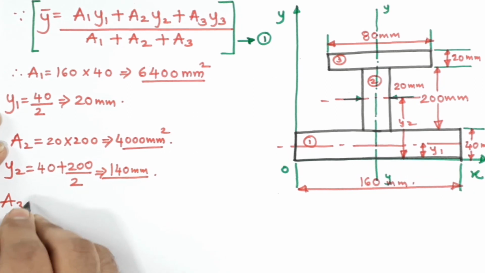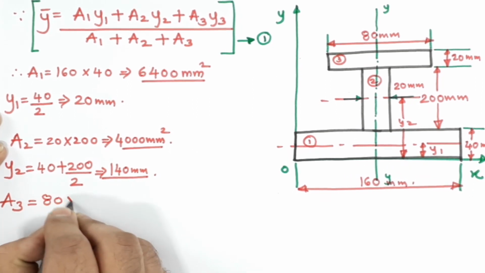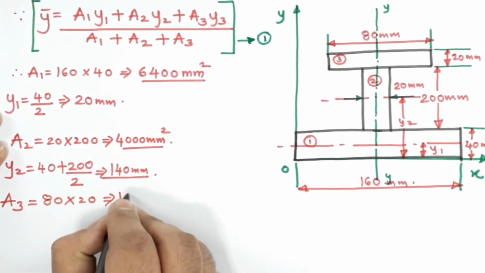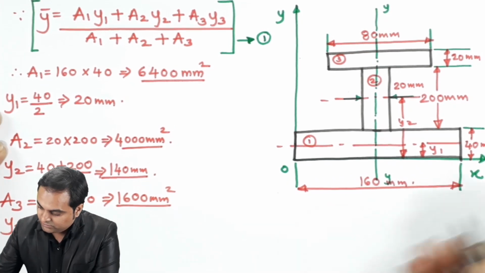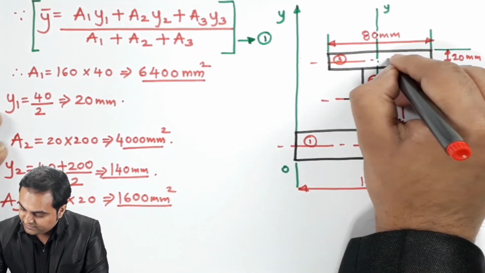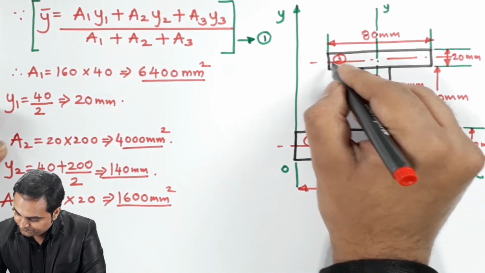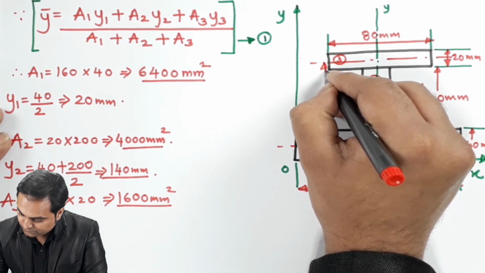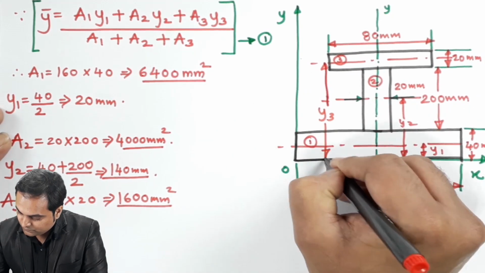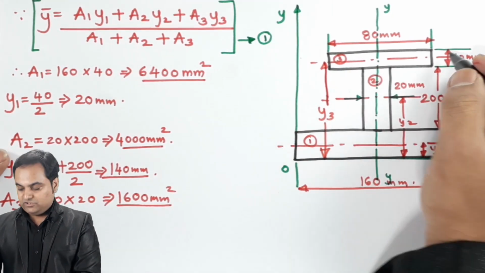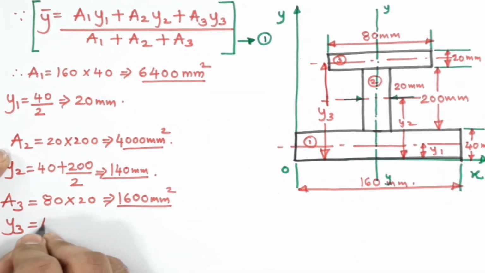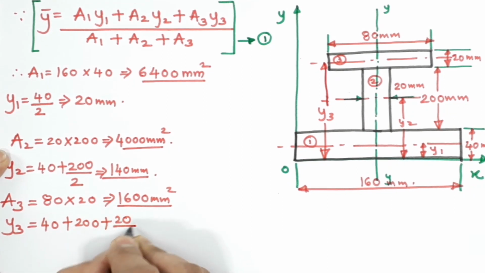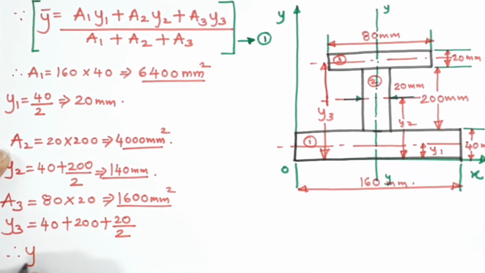Area 3 is 80 into 20, which is 1600 mm square. Y3 is the location of x-axis for rectangle 3 from the bottom, and this x-axis is located at 40 plus 200 plus half of this 20. So therefore y3 value is 250 mm.